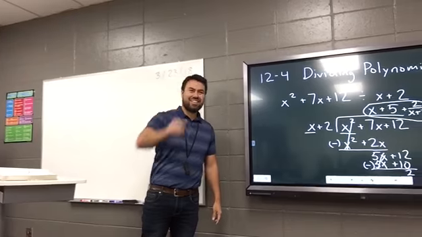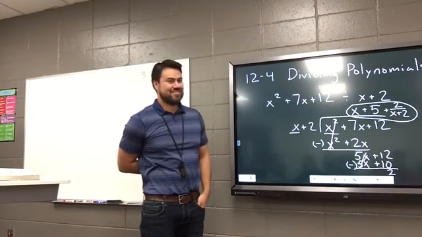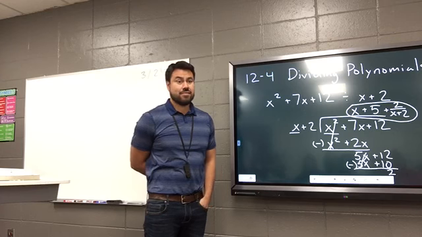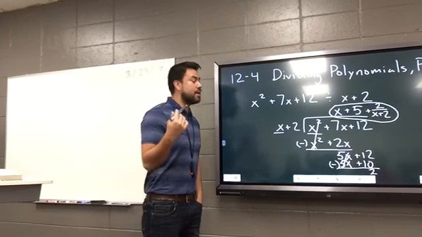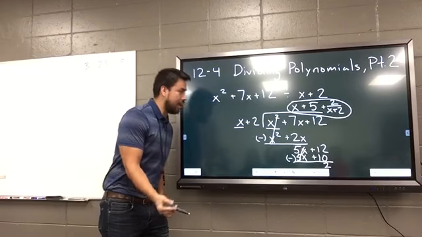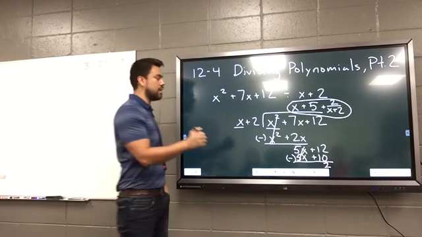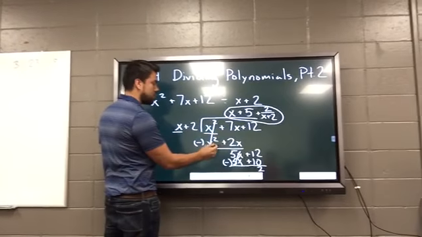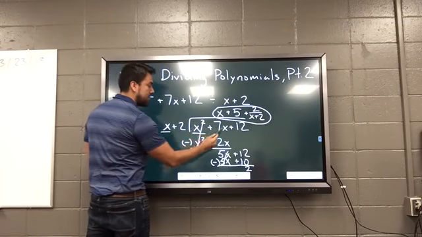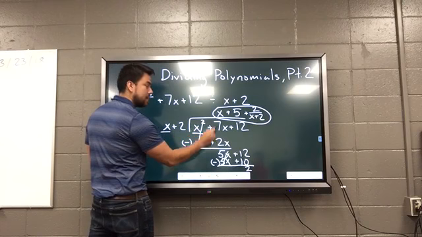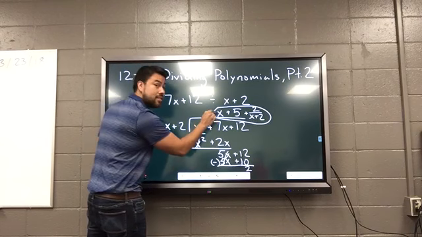Okay, question. So can you tell me why you can do this? It's because of that long division process, it's just a little harder to think of. So I tried to explain on that first step: can x plus 2 fit into x squared plus 7x? Yes, it can fit in x number of times.